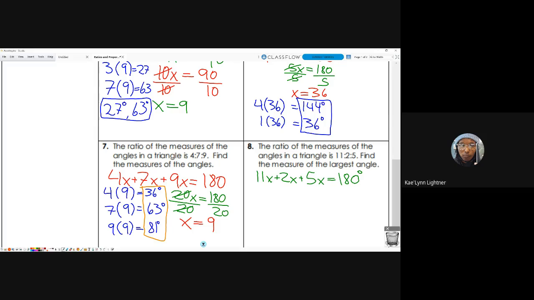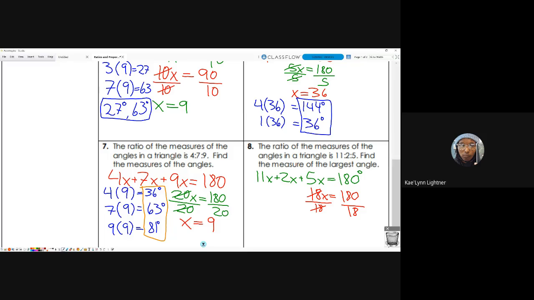You add all of the x's together, and then you get 18x. Then you divide, 180 divided by 18, and then you get x equals 10.